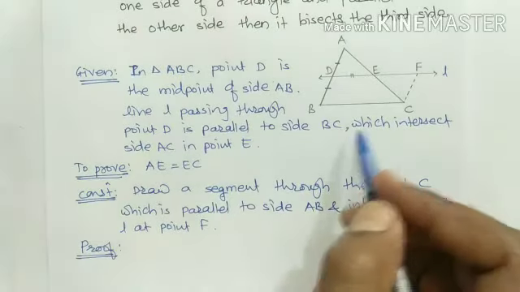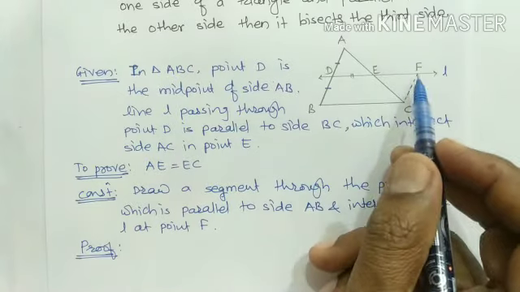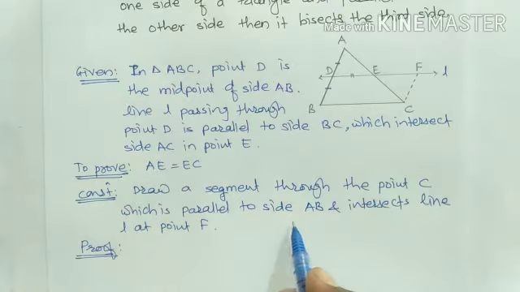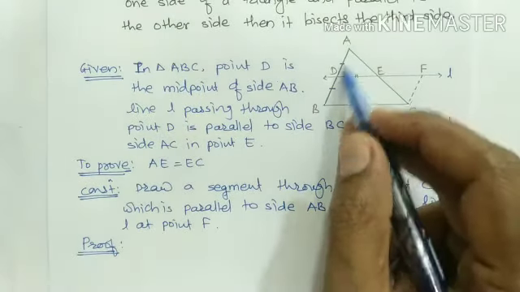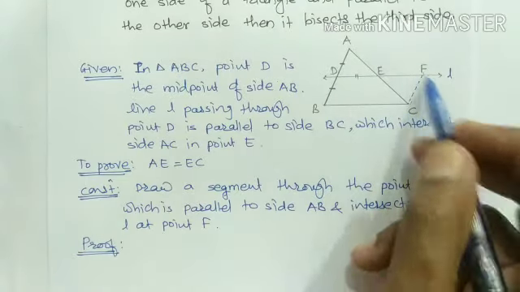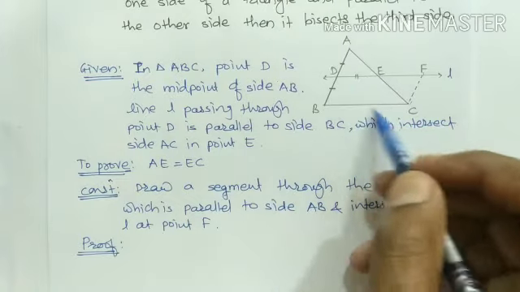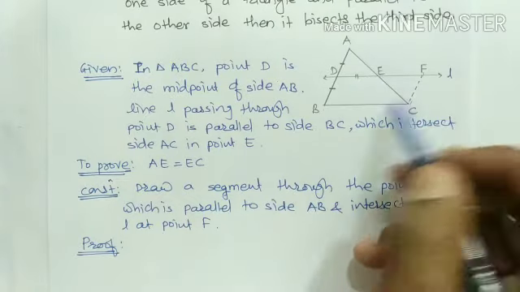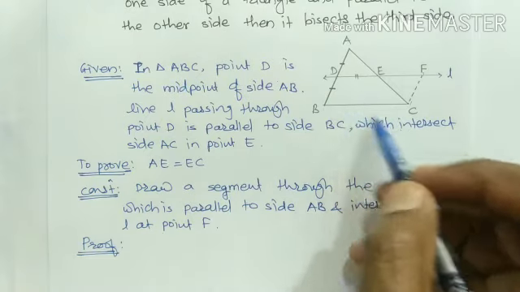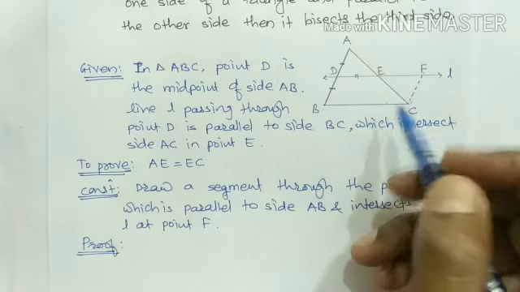Here in this quadrilateral DBCF, DB is parallel to CF because of construction, because we drew CF parallel to side AB. And side DF is parallel to side BC, it is given because line L is parallel to side BC. It means this quadrilateral is a parallelogram because both pairs of opposite sides are parallel to each other.